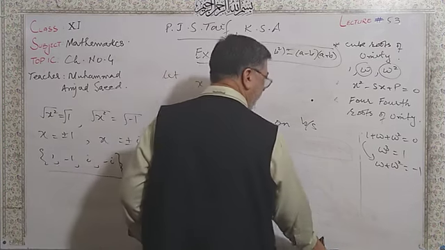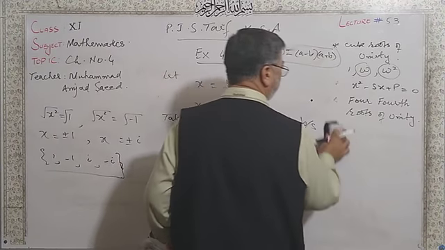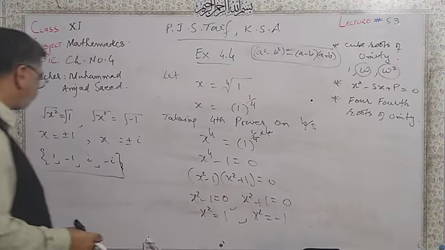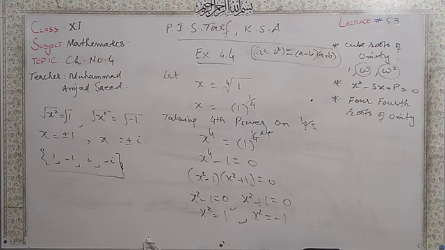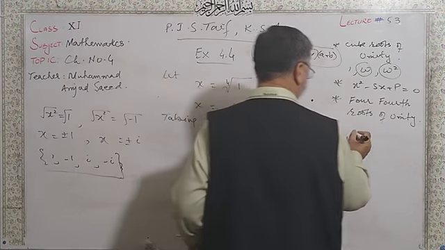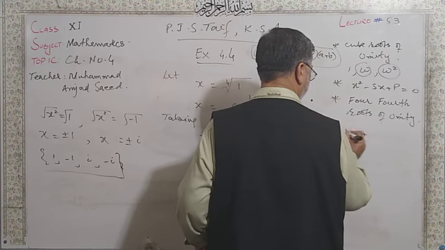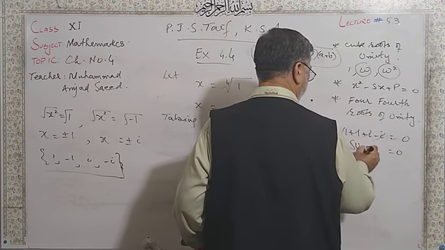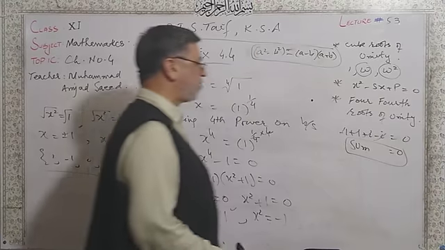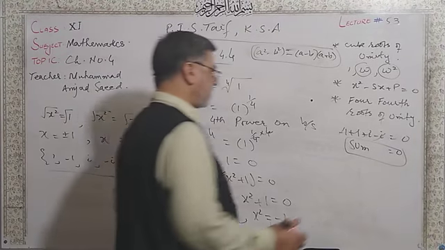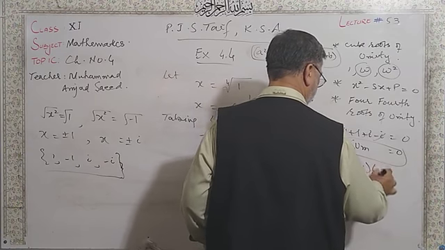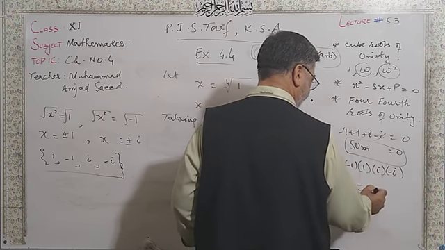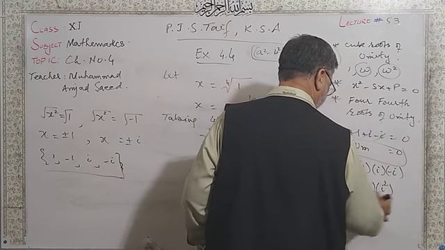Remember that in the case of fourth roots of unity, we have some properties. What is the property? Addition. The addition of the fourth roots of unity is equal to 0. You can cancel them. It means the sum of the fourth roots of unity is equal to 0. And the product is, what is the product?